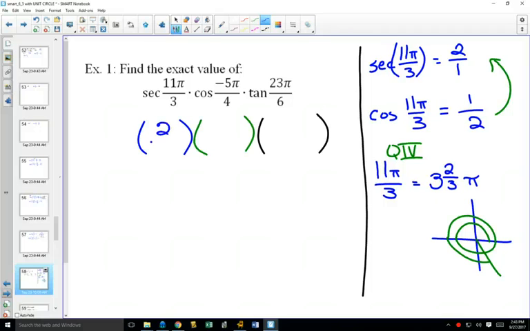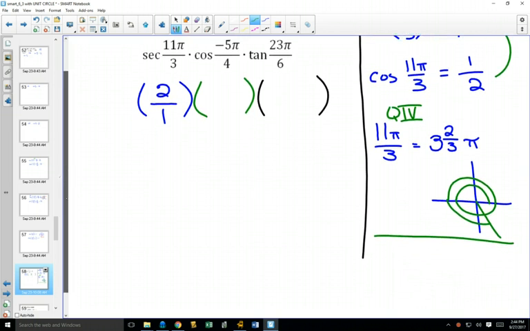And we can fill in the first set of brackets. So it's a fair bit of thinking just to figure out that first one. That secant of 11 pi over 3 is equal to 2. Now we've got to do the second one, so we'll go to green. Cos of negative 5 pi over 4.